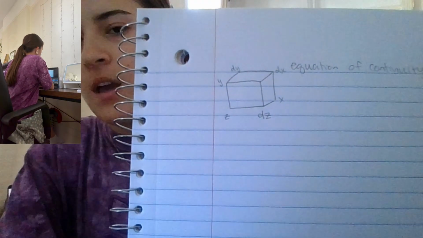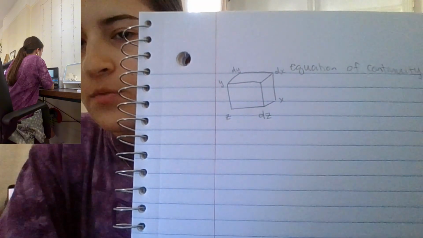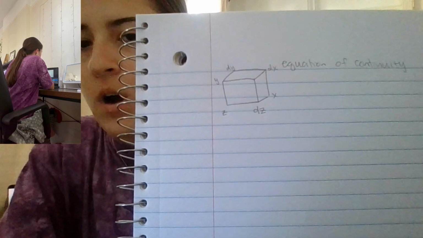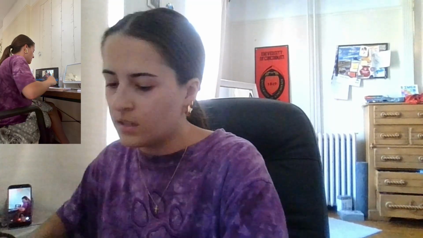So I've labeled z, dz as the bottom direction, the vertical is x, dx, and the one going into the page is y, dy. We're going to show some sort of flux coming in the z direction, so flux represented by a capital letter N of component A. We're just going to be looking at how component A is flowing in the system at position z, and then how it's coming back out, so N_A at position z plus dz instead.